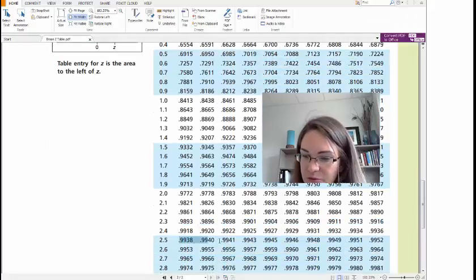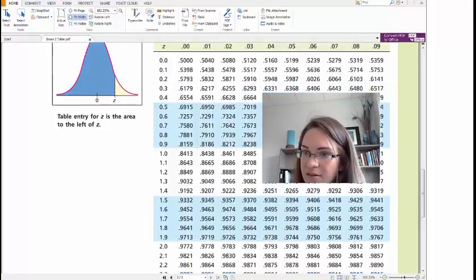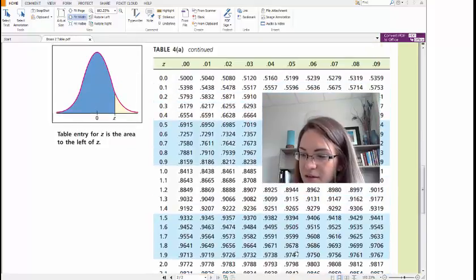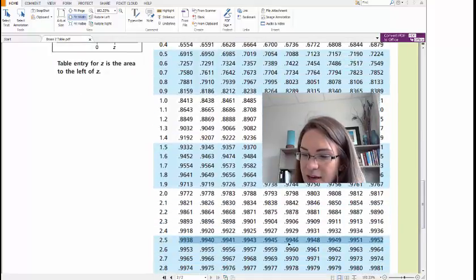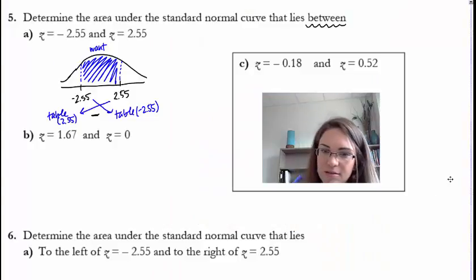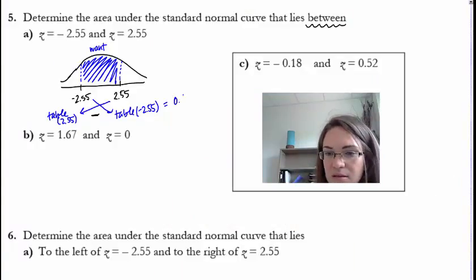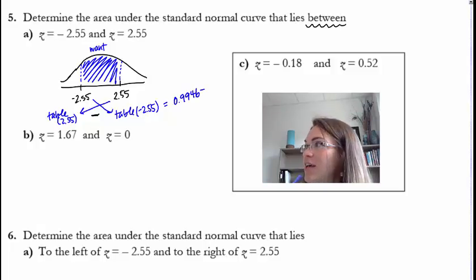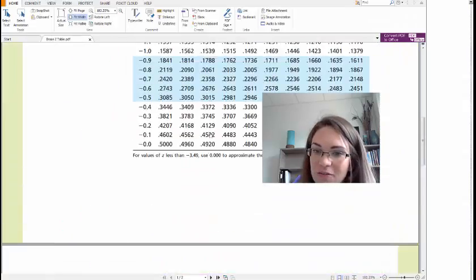To the left of 2.55 is my column, here, 0.9946, minus the area to the left of negative 2.55.